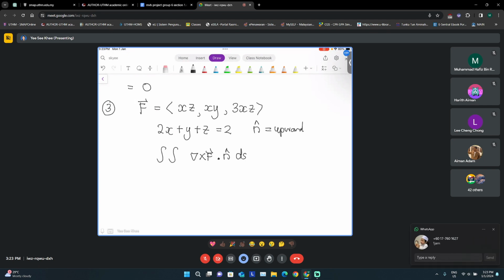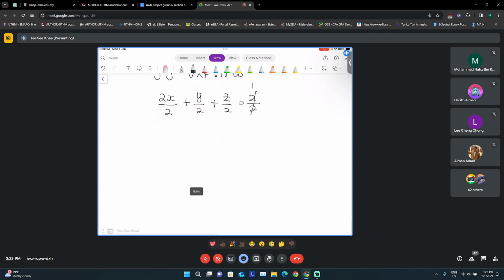First step, go to drawing first. We draw the plane. So these 2x, you have to divide by 2, right? Y divide by 2, and the z also divide by 2, because at the right hand side you want to make it 1.